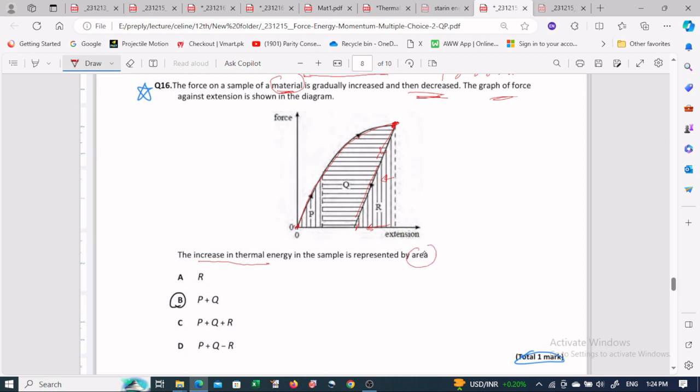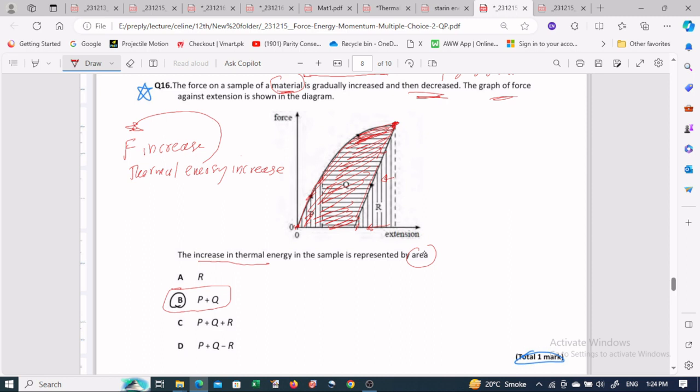In simple words, when the force increases, thermal energy increases. So we have to check only the area where the force increases. You can see that this is the area where the force increases. This is the area of P plus Q.